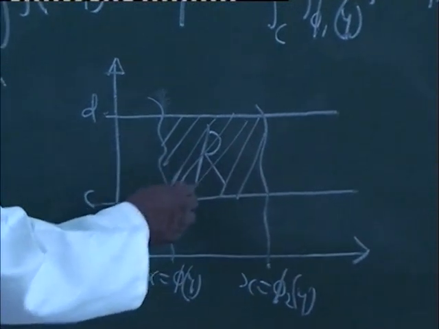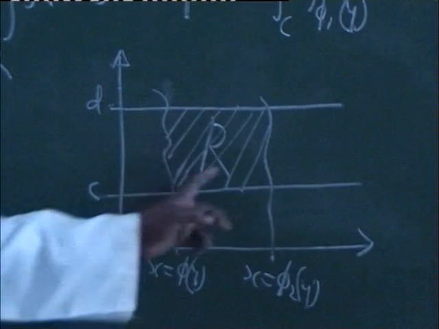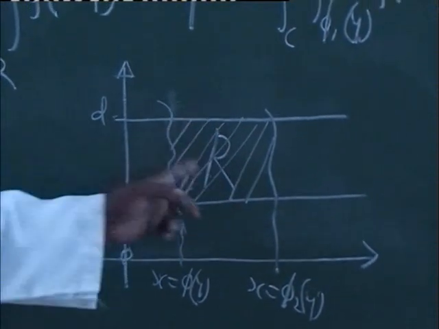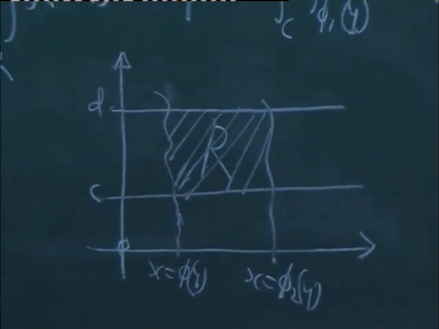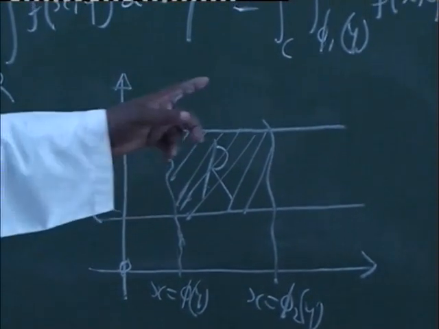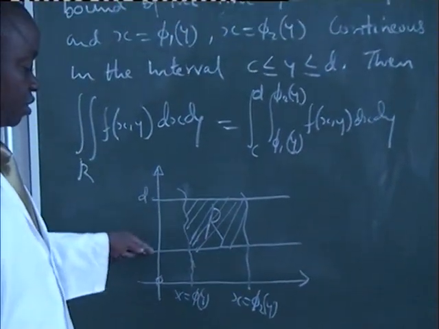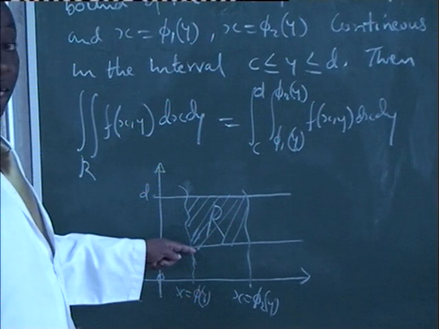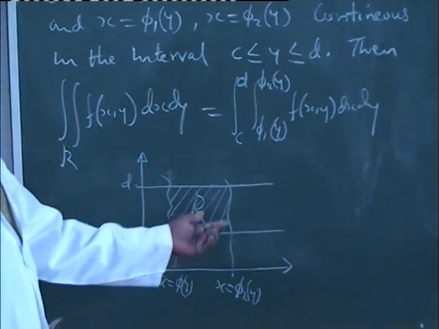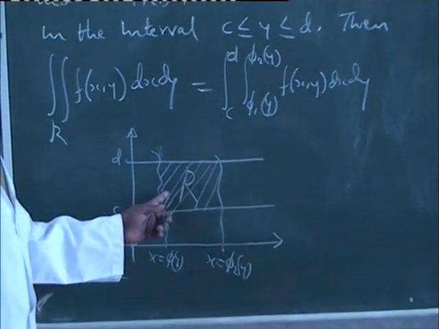The region R. So we want to find the area of this region. If you want to get the area of this region, it is the same as taking the integral from c to d, as here to here, and the integral from this curve to this curve.